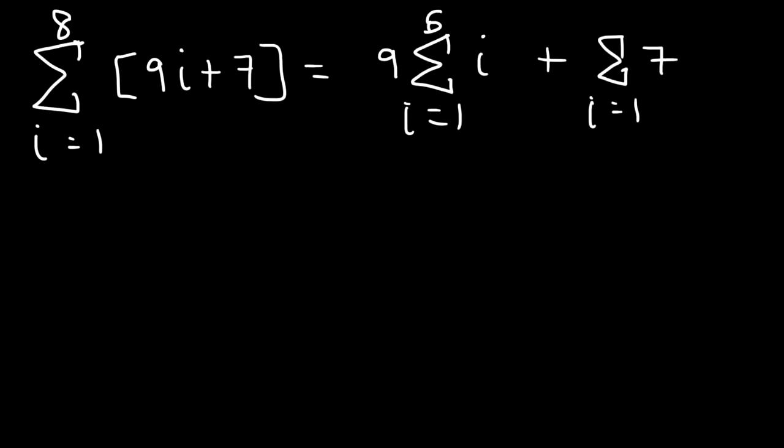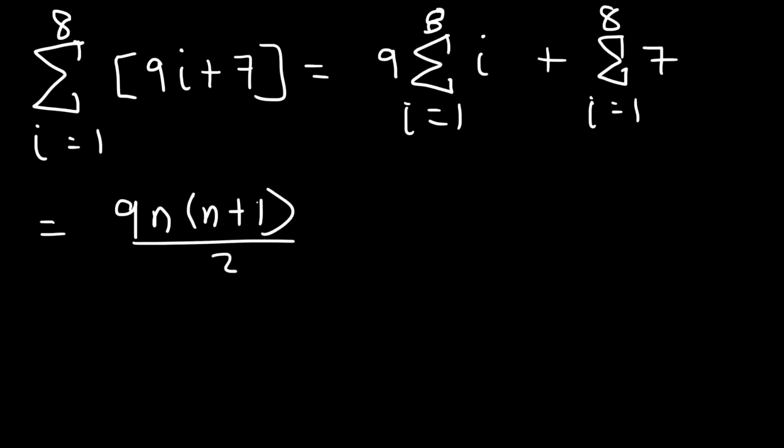Actually, it's supposed to be 8, not 5. So n is 8 in this example. This is going to be 9 times n plus 1 divided by 2 plus 7 times n, where n is 8.